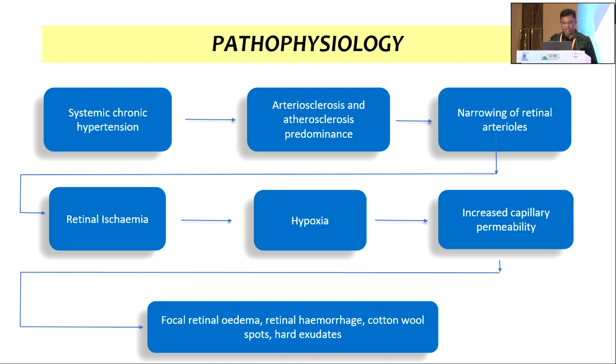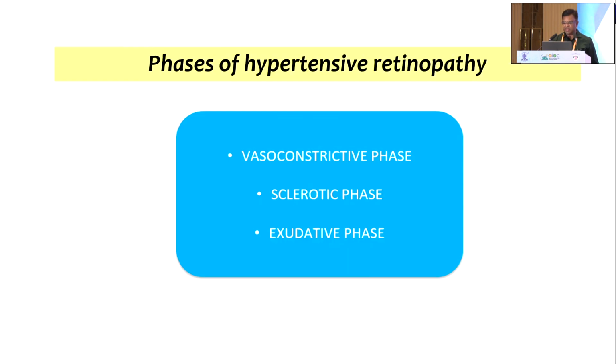It is chronic hypertension that leads to atherosclerosis, which leads to narrowing of the retinal arterioles, which leads to ischemia, hypoxia, and increased capillary permeability, and that leads to focal retinal edema, hemorrhages, cotton wool spots, and the hard exudates.